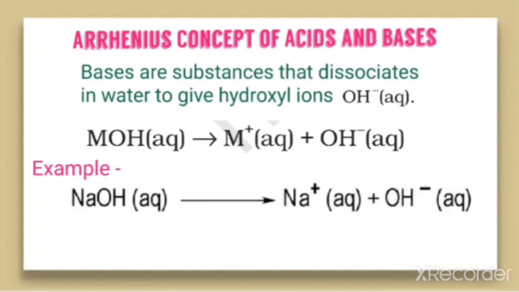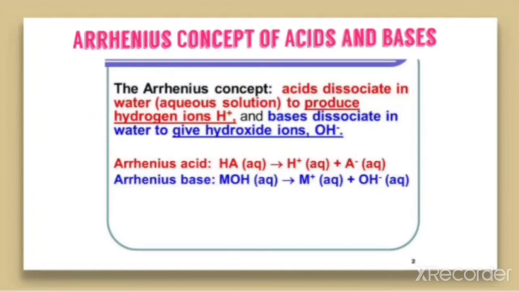These are the two important points that we need to discuss. The Arrhenius concept says that acids dissociate in water to produce H plus ion, but bases give OH negative ion. So there is a difference between acids and bases. You can differentiate them: acids give H plus ion in the aqueous condition, but bases give OH negative ion in the aqueous condition.